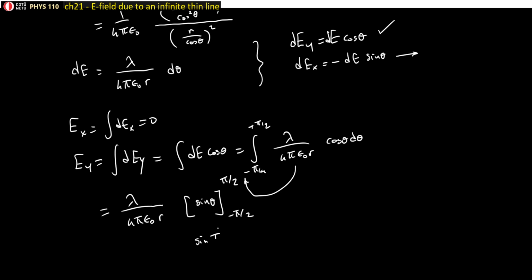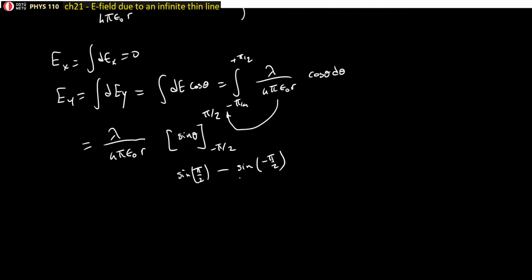So I know that this is sine pi over 2 minus sine of minus pi over 2. Sine of 90 degrees and minus 90 degrees. So this is plus 1 and this is minus 1. Therefore the integral is equal to 2. That means the y component of the electric field is lambda over 2 pi epsilon 0 times r.